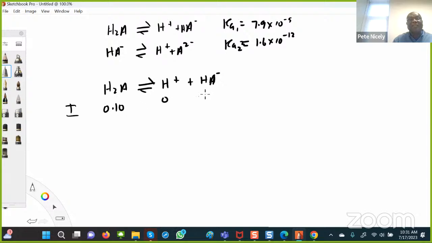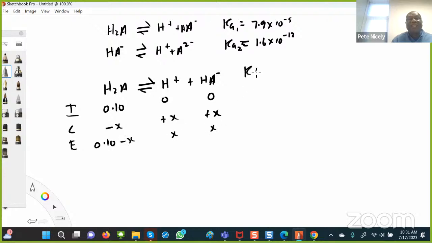0.10. This is going to be 0, that's going to be 0. And just like before, the change here will be minus X, the change here will be plus X, and the change here will be plus X. So at equilibrium, you're going to have 0.10 minus X here, X here, and X here.